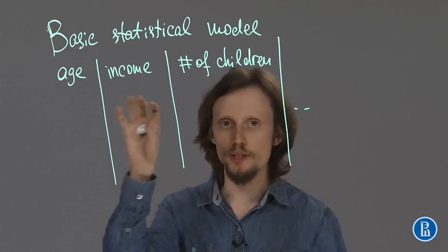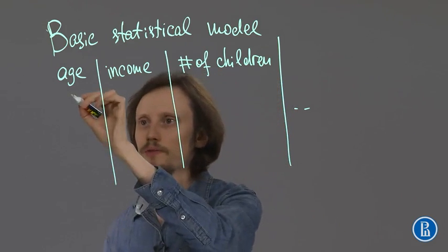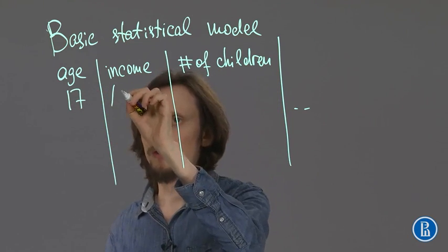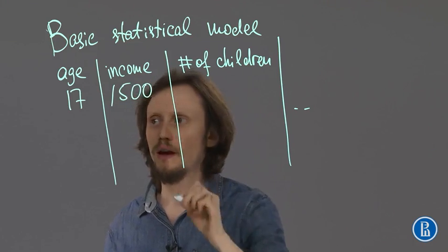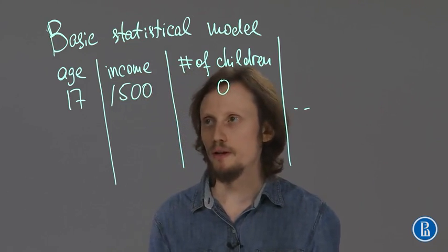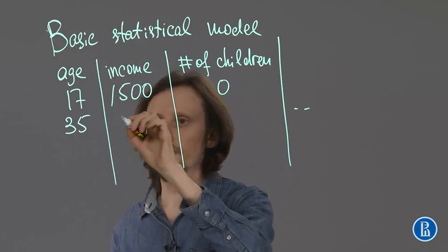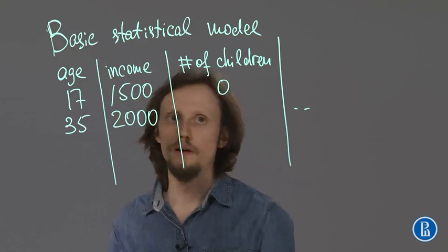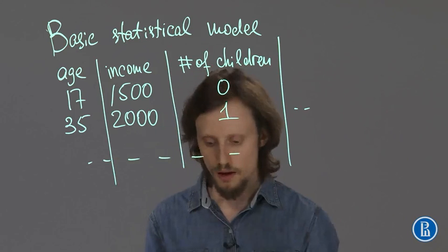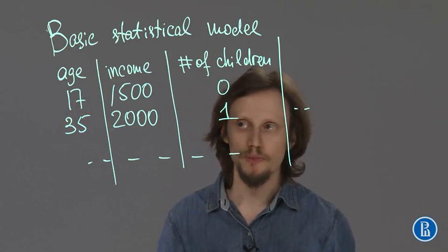And every row of this table represents one customer. For example, it is possible that we have a 70-year-old customer with income 1,500 and no children. And it is possible that we have another customer, 35-year-old, with income 2,000 and one child, and so on. This is a general form of representation of the data.